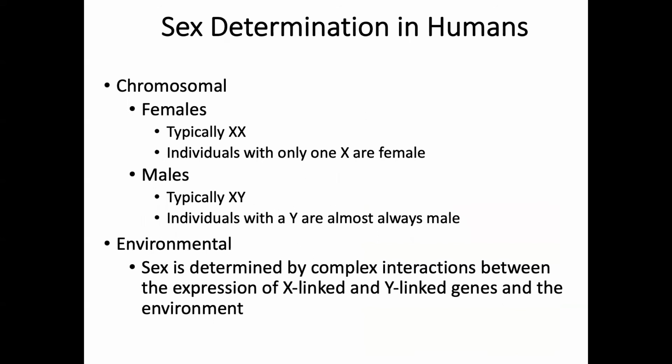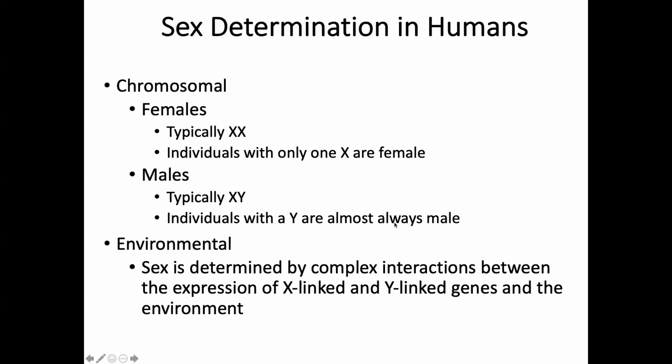Now I'll move to our next topic, sex determination. Okay, we learned that the genotype for females is typically XX, but in Turner syndrome, we learned that individuals have only one X chromosome, right? And the individual displays a female phenotype. In males, typically the genotype is XY, and in fact, any individual with a Y is always male.